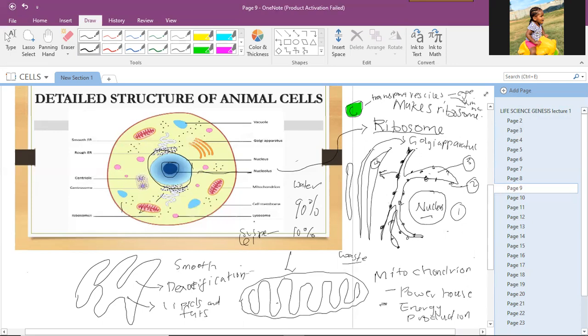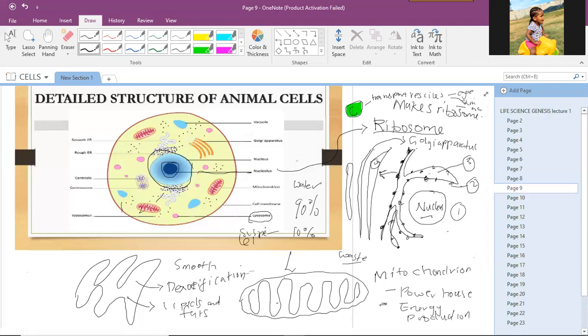The last cell organelle I want us to talk about with the animal cell are these structures here known as the lysosomes. So the lysosomes are the maids of the cell. They are the ones that clean up dead cells, debris, waste products. They are going to move around, inspecting, cleaning up the cell.